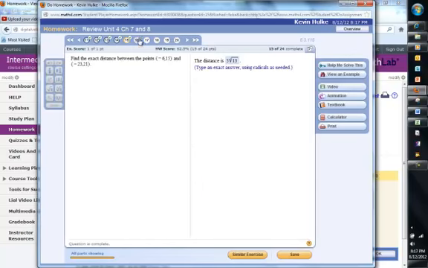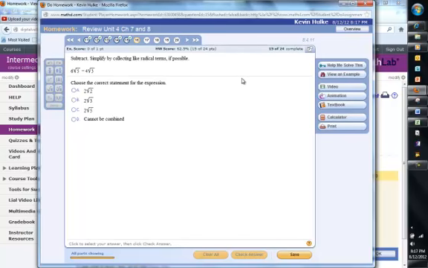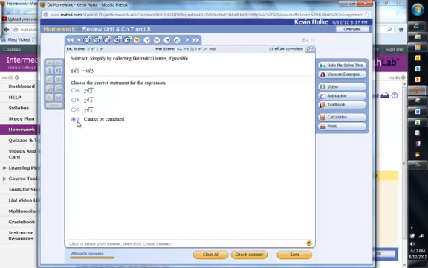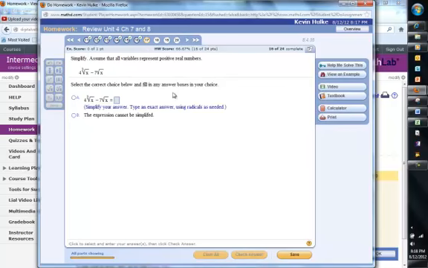Okay, next one, 16. Okay, these do not have like terms the way they are, and so it cannot be simplified. Remember, it can only be simplified if they have the same radical. Such as, well, this one doesn't have the same radical either. Okay?